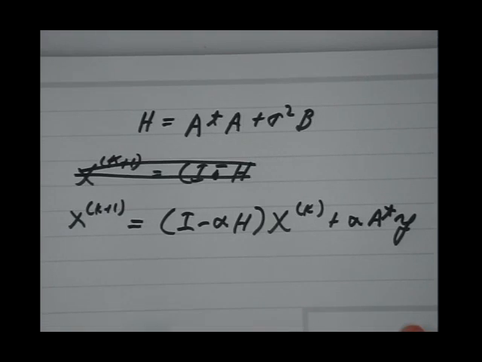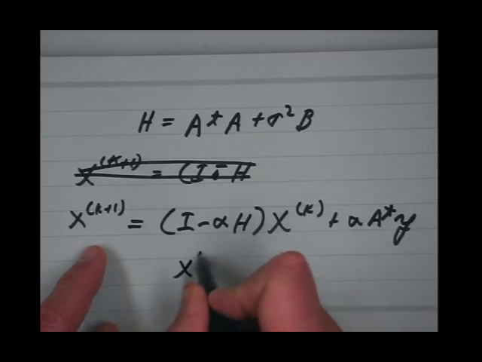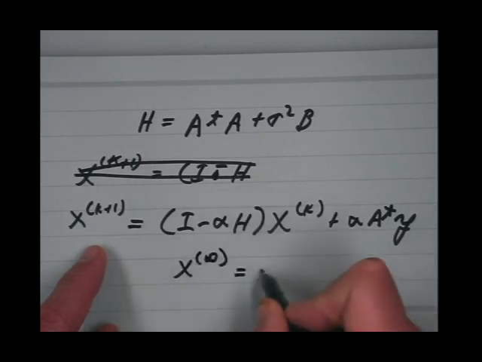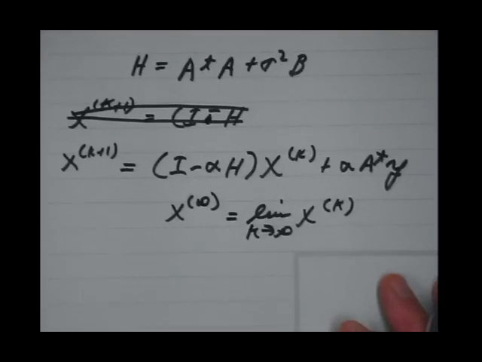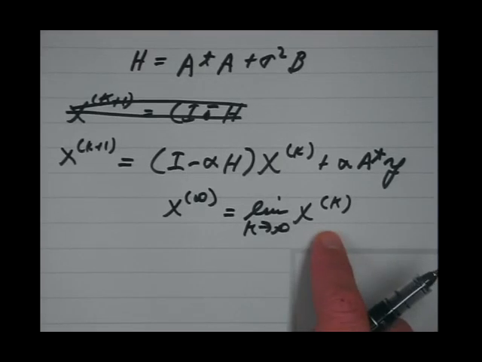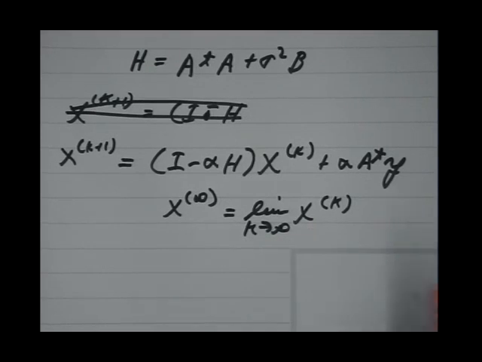Now, let's hypothesize that this thing converges. If it converges, then it would mean that you keep running it forever, and eventually the x doesn't change anymore, right? So I'll call it x infinity, that's equal to the limit as k goes to infinity of x_k, right?